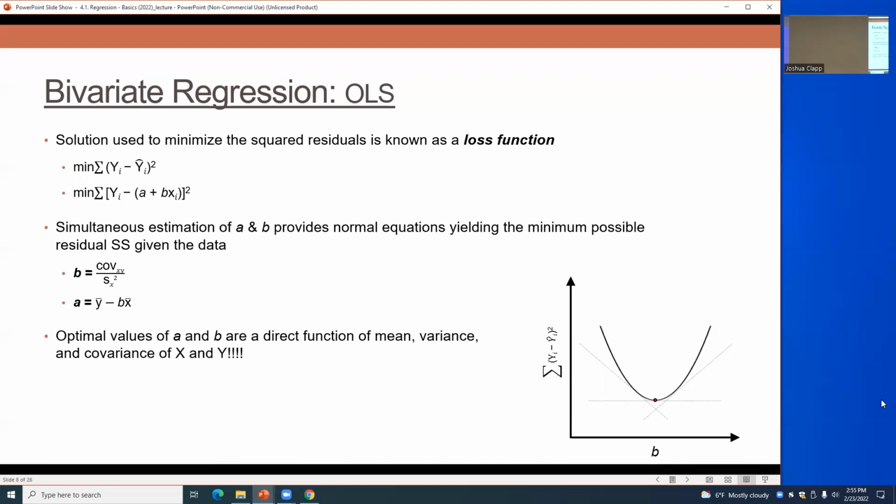And so it turns out that instead of having to run through some derivative to find the minimum of that loss function, all I need to do to solve for B is take the covariance of X and Y, divide it by the variance of X, and that gives me B. And once I've got B, it's easy enough to solve for A. A is equal to the mean value of my outcome minus my B coefficient times the mean value of X. That gives me A. So what we're seeing is that in a bivariate regression, and this extends on to multivariate, but the math gets a little bit harder, my optimal values for my regression coefficients are a direct function of my means, variances, and my covariance between X and Y. This is nice.